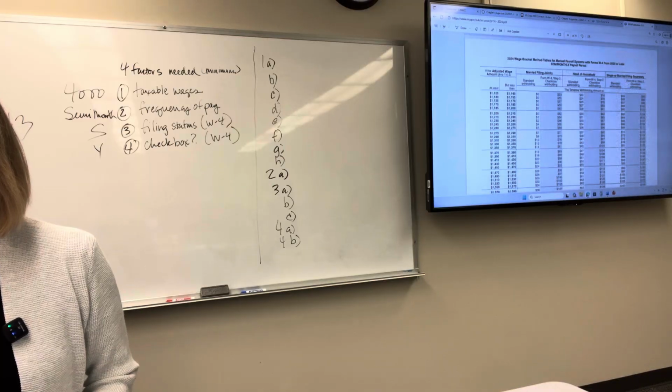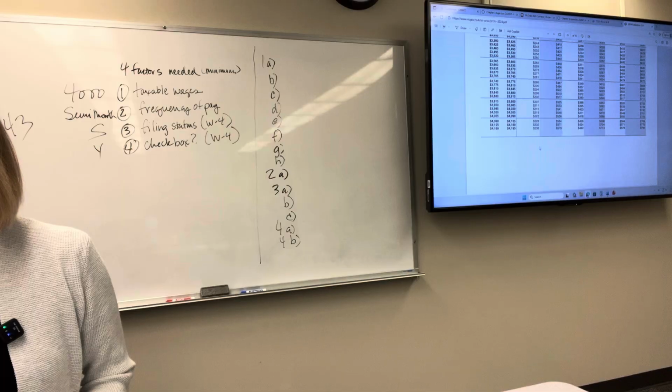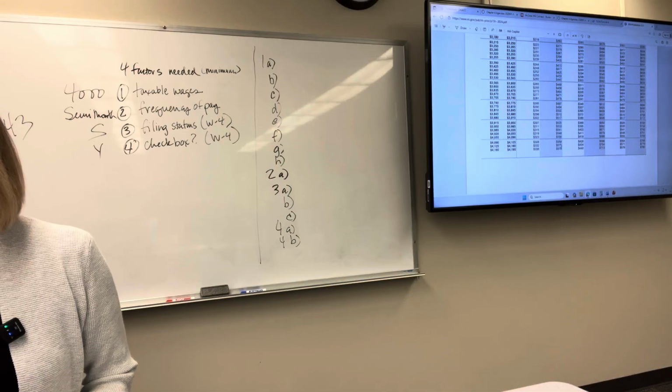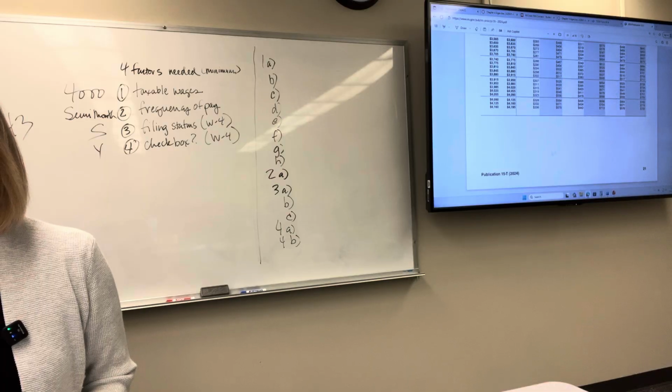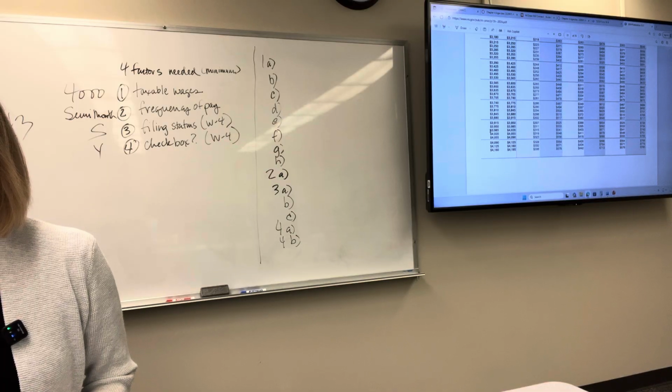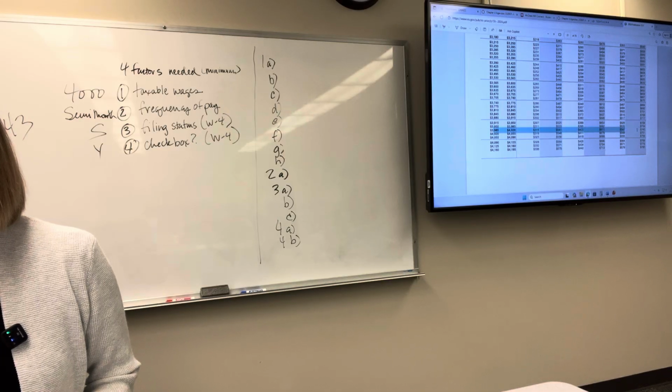And then we have to find $4,000. Oh, it is there. Okay. So here is semi-monthly, right there. 4,000 is between $3,985 and $4,020.